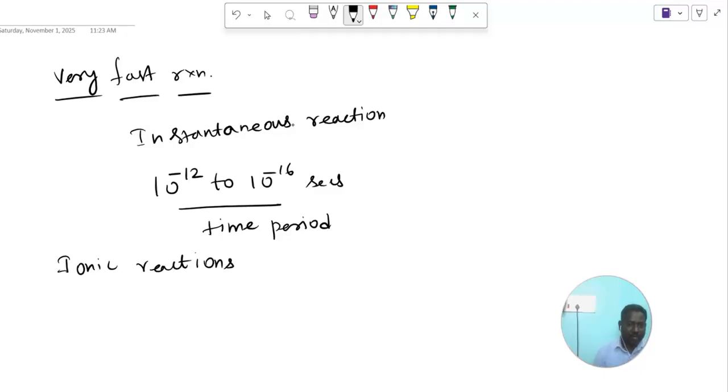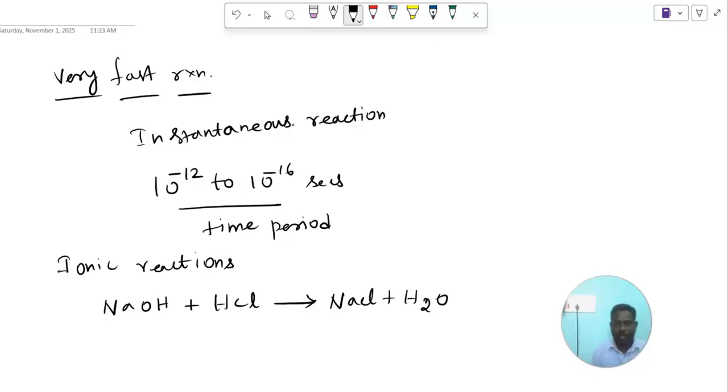So their time period is in the range of 10 to the power minus 12 to 10 to the power minus 16. We have a very well known example: the reaction of sodium hydroxide with hydrochloric acid gives NaCl salt and water molecule. So this is the well known example for an ionic reaction that occurs instantaneously.